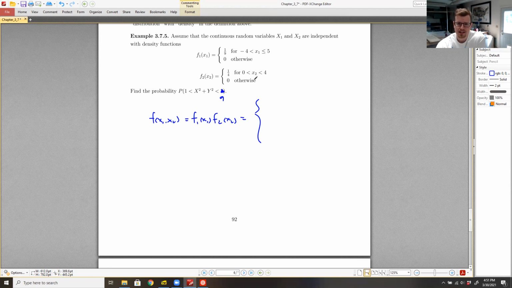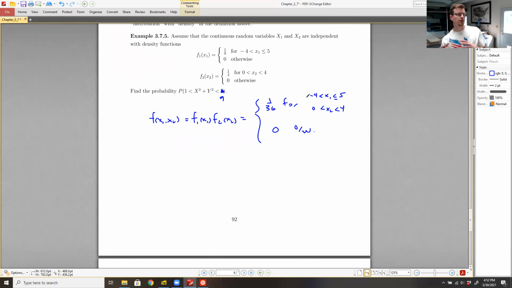So we've got 1/9 times 1/4 is 1/36, the product of the two functions, for x1 values here and x2 values here. So we've got -4 for x1 up to 5, and 0 for x2 up to 4. And then, of course, it's taking on the value 0 otherwise.